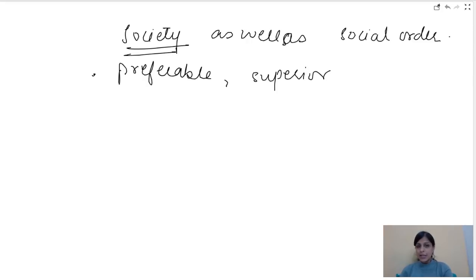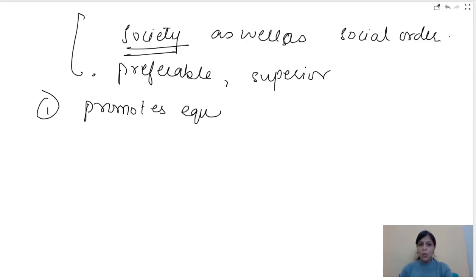What are the reasons that you can support? This is the introduction that you gave, that it is a sort of form of society, or maybe social order. It is preferable, it is superior. Why? What are the reasons associated with it? Number one, like we just talked about, it promotes equality among citizens.